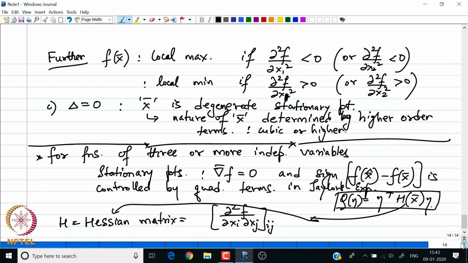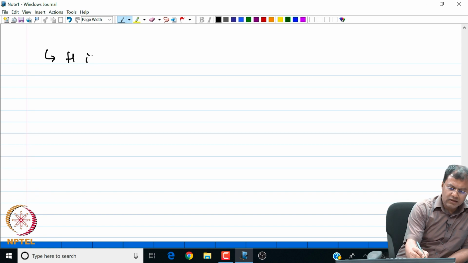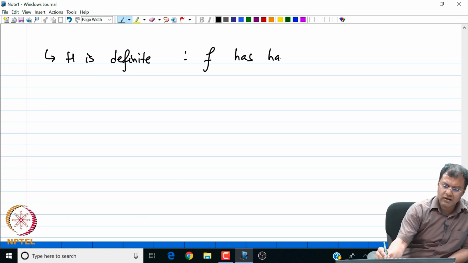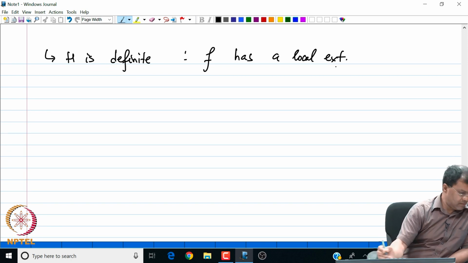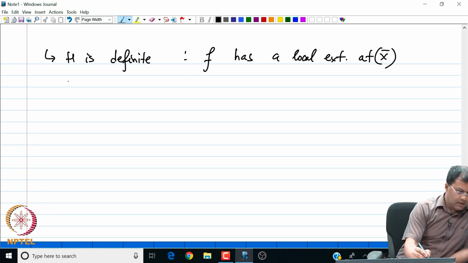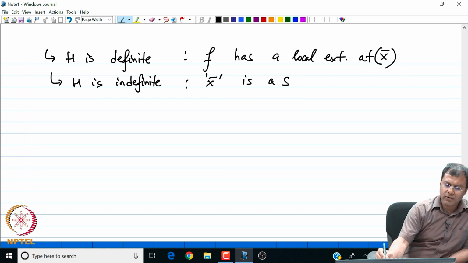So, suppose my Hessian is a definite matrix, then the function f has a local extrema at x bar. And suppose H is indefinite, then x bar turns out to be a saddle point.